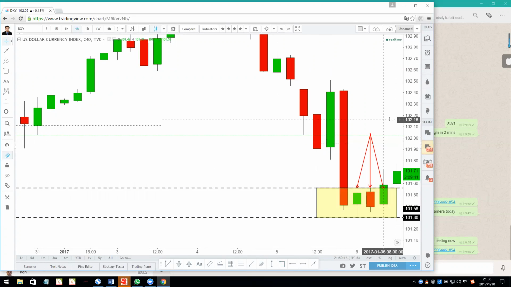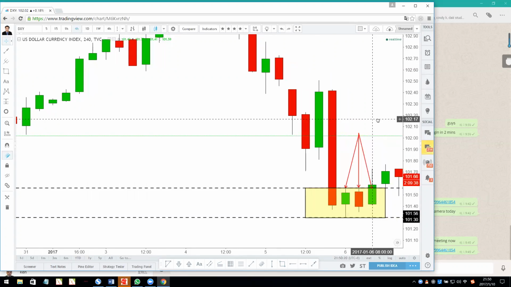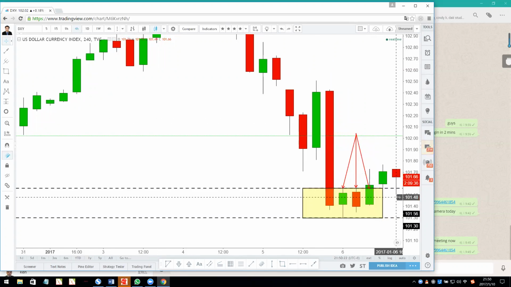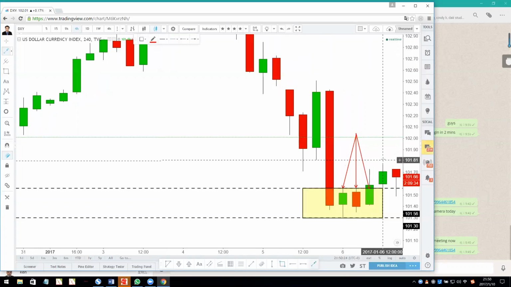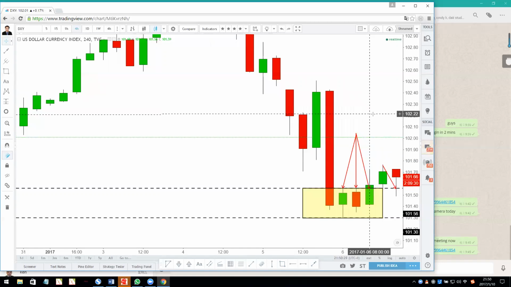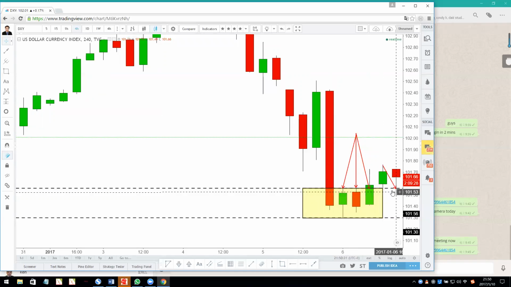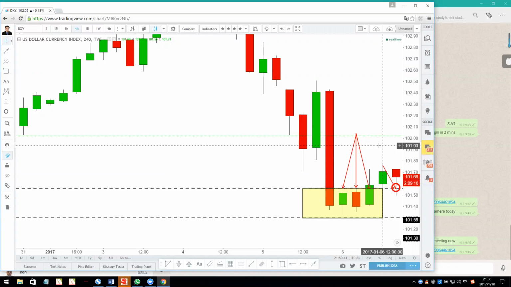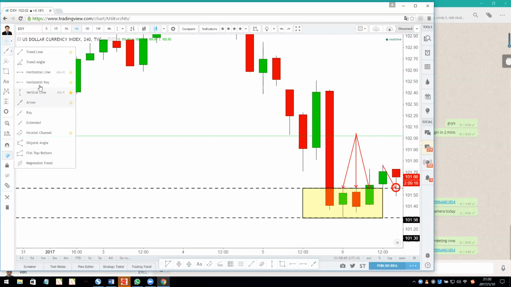So immediately you can think, if there's a chance the price comes back into the same level, what can you do? Is there a good choice to buy here? When the price comes back into the same level, you can buy it. And where is your stop loss?